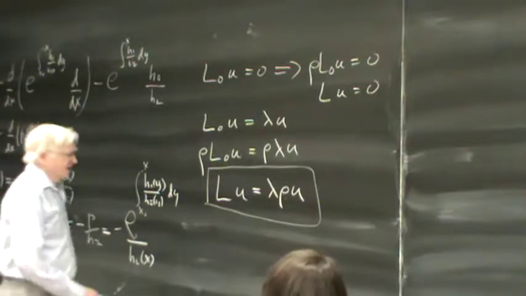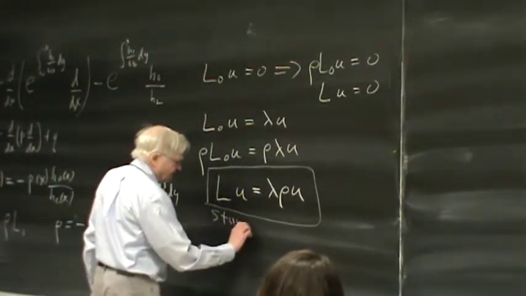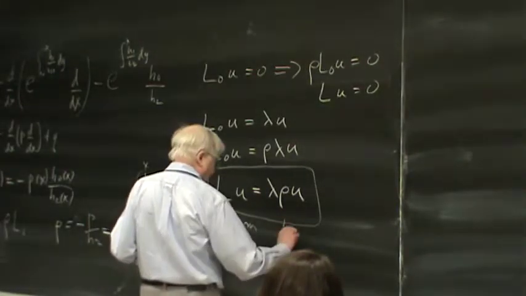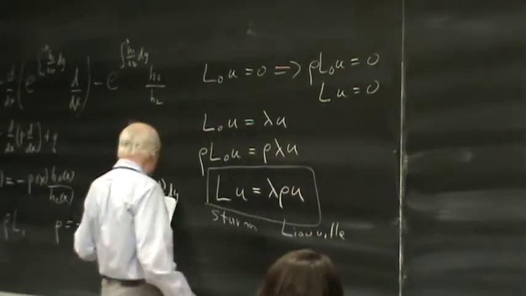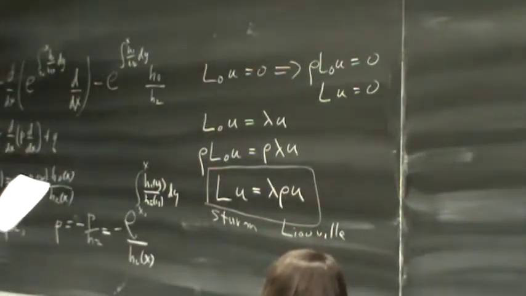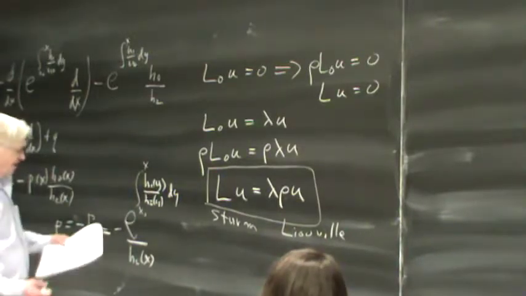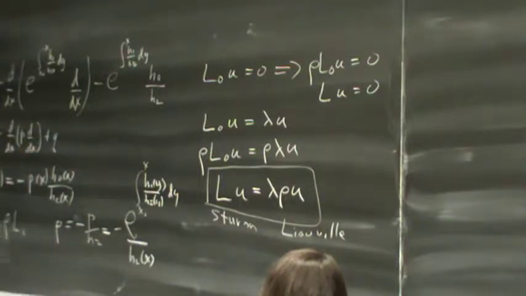the thing to focus on, and this is associated with the names of two mathematicians, Sturm and Liouville. Sturm sounds German, but he was actually French. And Liouville, I think, was English.